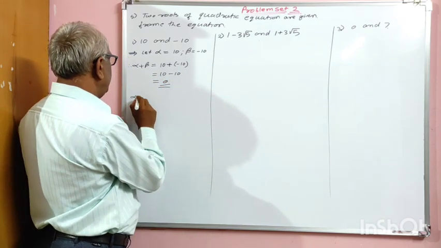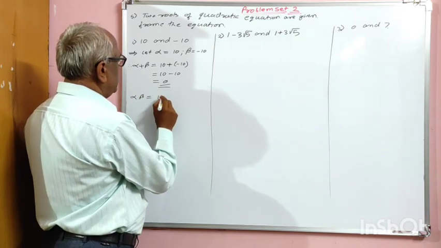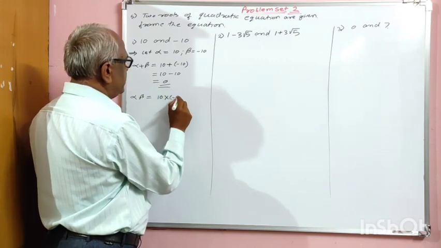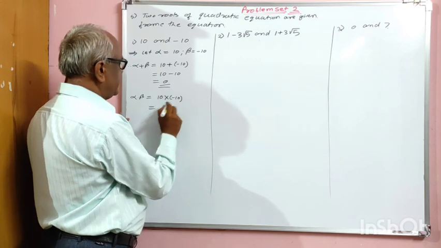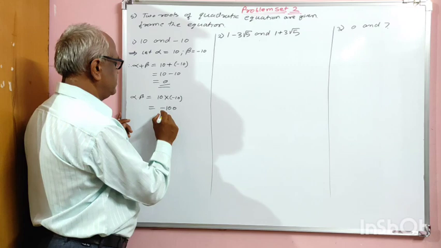Now alpha into beta is equal to 10 into minus 10, that is 10 tens are 100, that is a minus 100, plus into minus is minus.